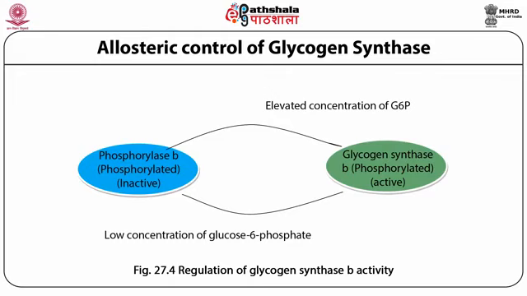During muscular contraction, phosphorylase B is more active. You can refer to glycogen breakdown for further details. Therefore, during muscular exercise, glycogen degradation is promoted while glycogen synthesis is inhibited. This is quite obvious. This is important for preventing a futile cycle.